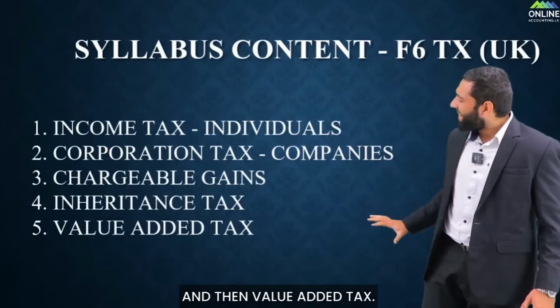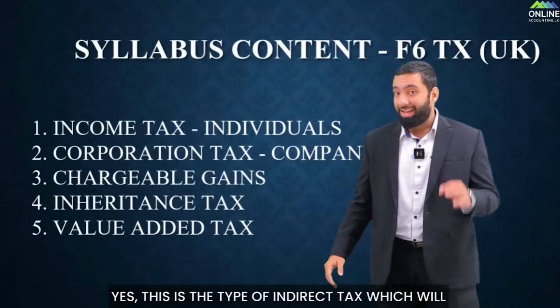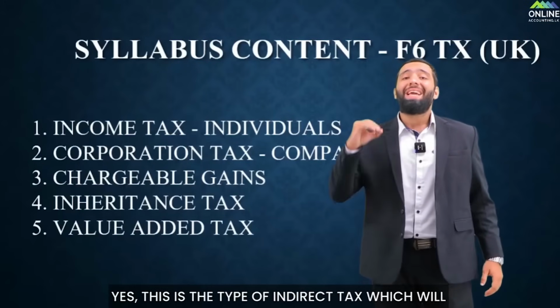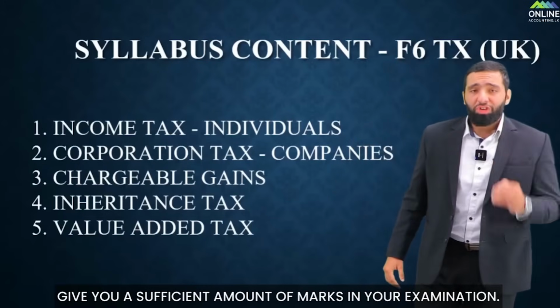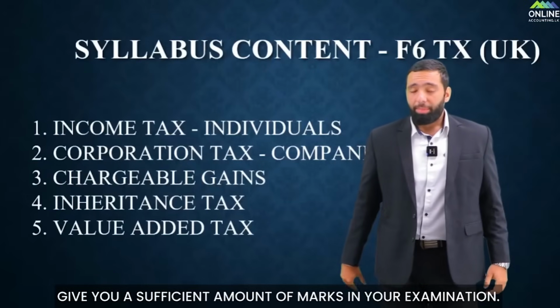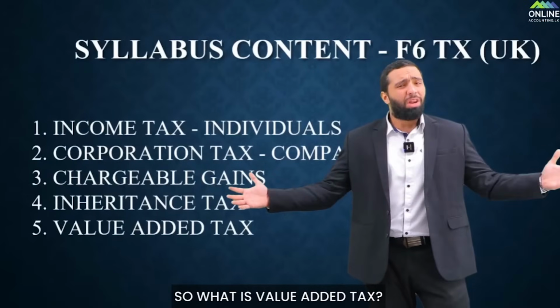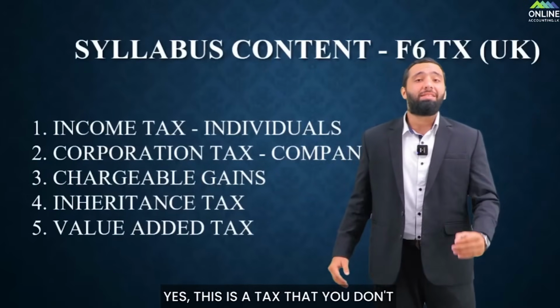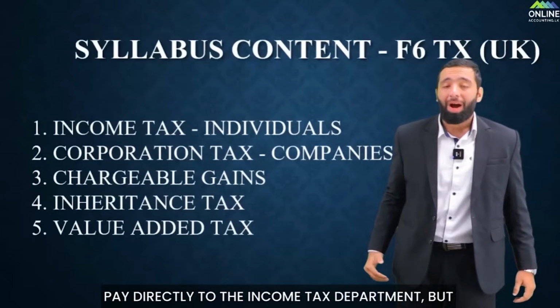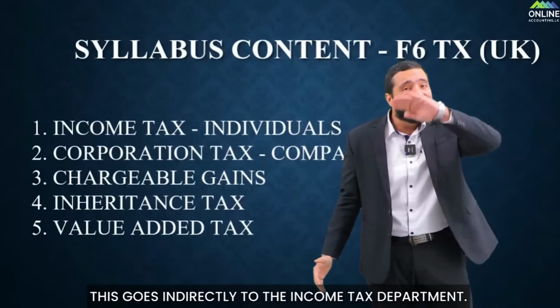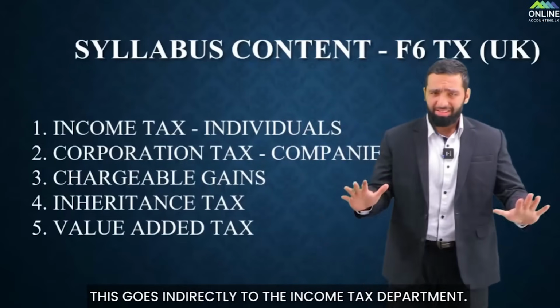And then value-added tax. Finally, what is this? This is a type of indirect tax which will give you a sufficient amount of marks in your examination. What is value-added tax? This is a tax that you don't pay directly to the income tax department, but it goes indirectly to the income tax department.